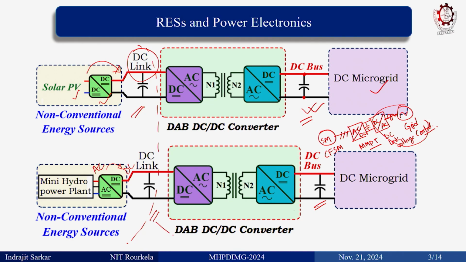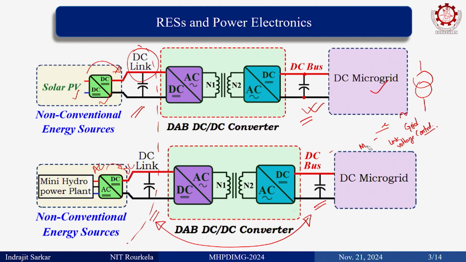So, there is a voltage mismatch between these two ends. For the back to back converter connected to the grid, we had a transformer to match the voltage. Here we do not have any transformer. How to do that?